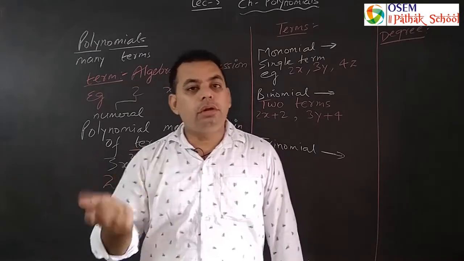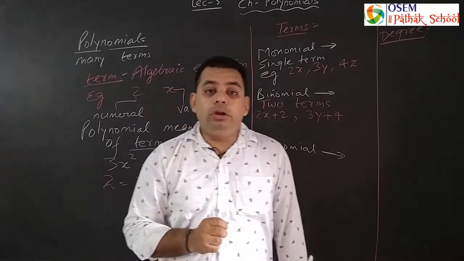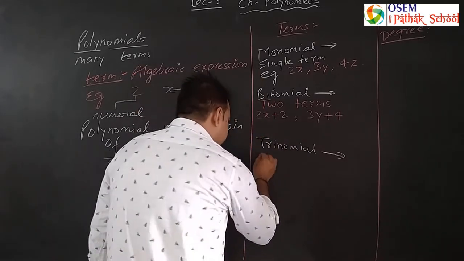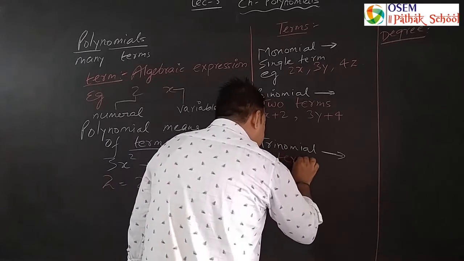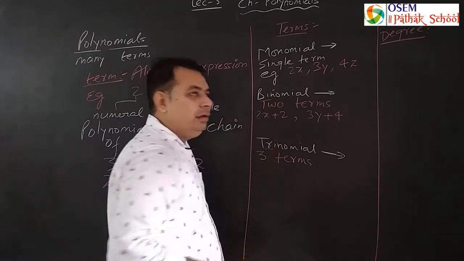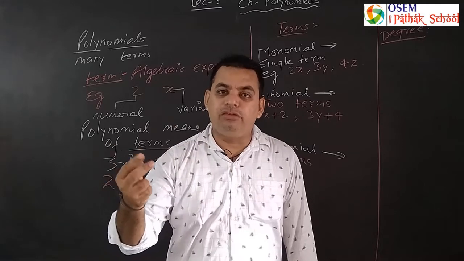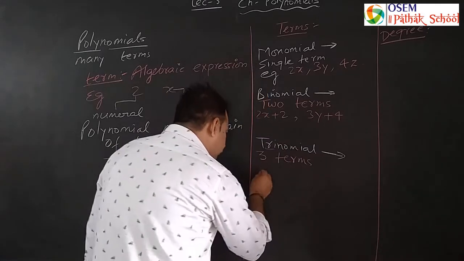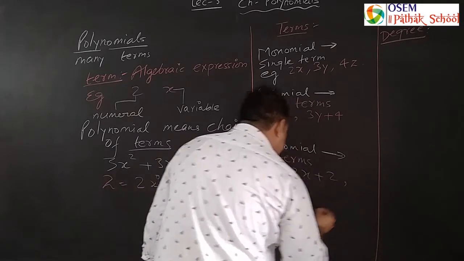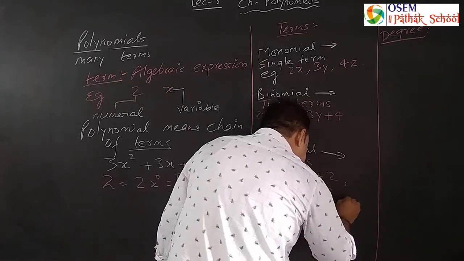Bi means two. Now about the trinomial. What is a trinomial? A polynomial that consists of three terms is known as a trinomial. Tri itself means three: tricolor, three colors; triangle, three angles. So it can be in the form of 2x square plus 2x plus 2, or 3y square plus 3y plus 3.